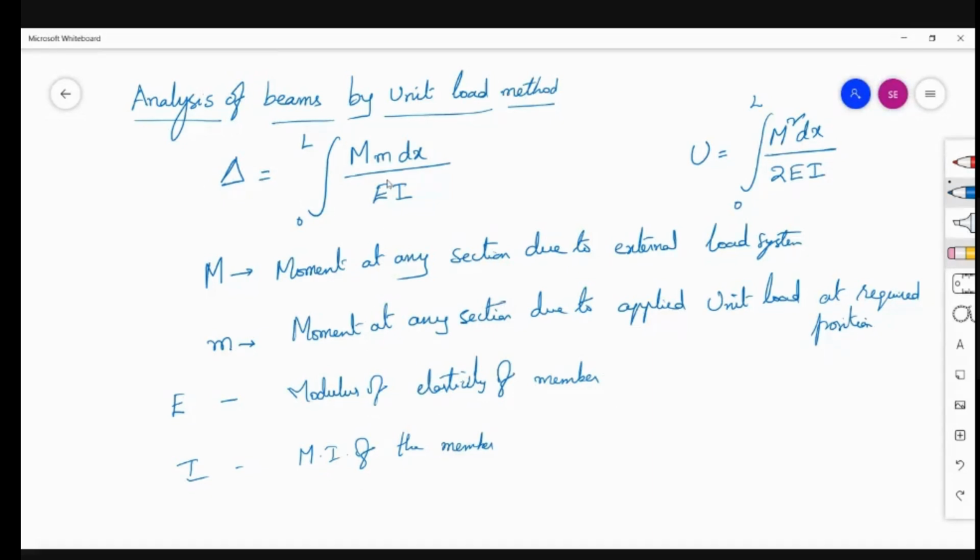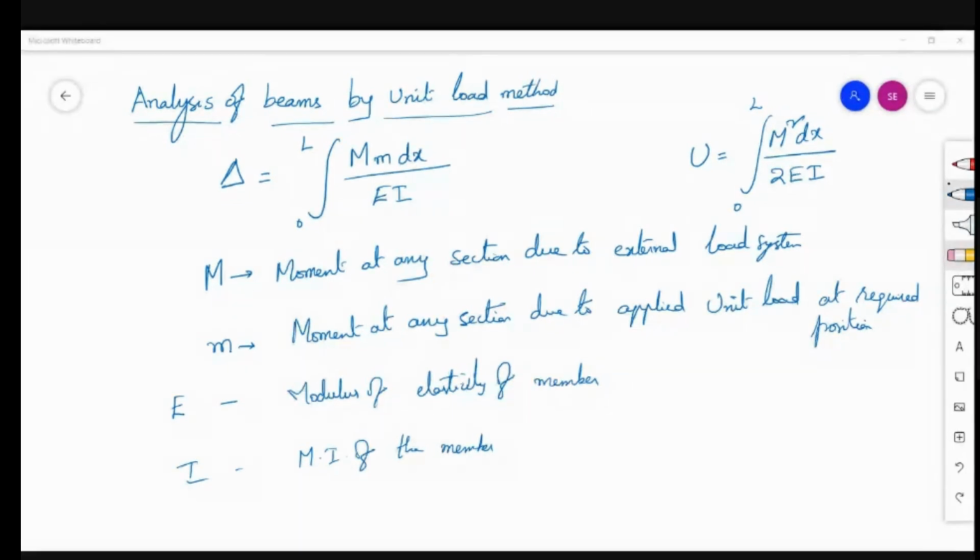So small m is the moment at any section due to the applied unit load, which is applied at the point where the deflection is required, in the same direction.